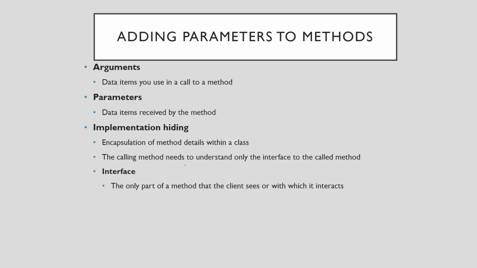The calling method needs to understand only the interface to the called method. And this interface is the only part of a method that the client sees or with which it interacts, because you cannot see the implementation details. That is called implementation hiding.